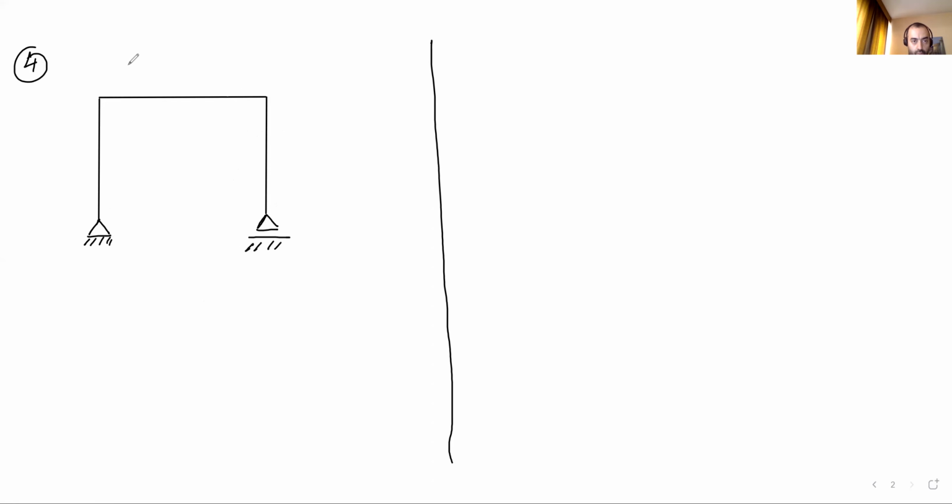And what we have more, here we have a concentrated load, one more concentrated load, and also a uniform distributed load. This is 8 ton. This UDL is 5 ton per meter.